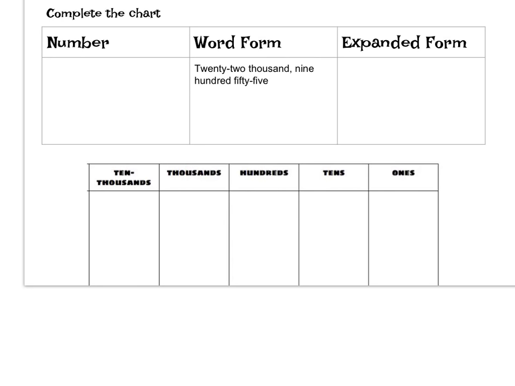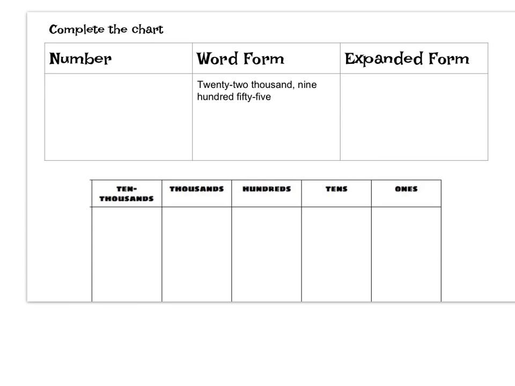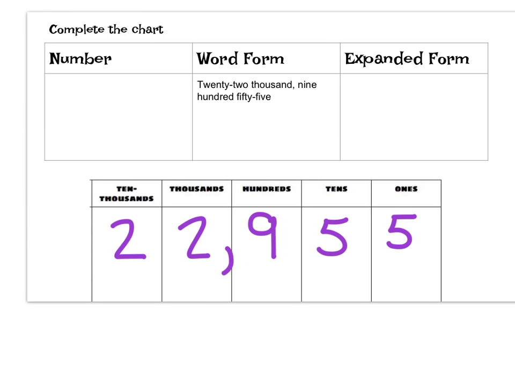That means that I have 2 10,000s and 2 thousands. So that's read as 22,000. And then it says I have 955. So 9 hundreds, and then 55 is 5 tens and 5 ones. So I have my number in standard form. 22,955.